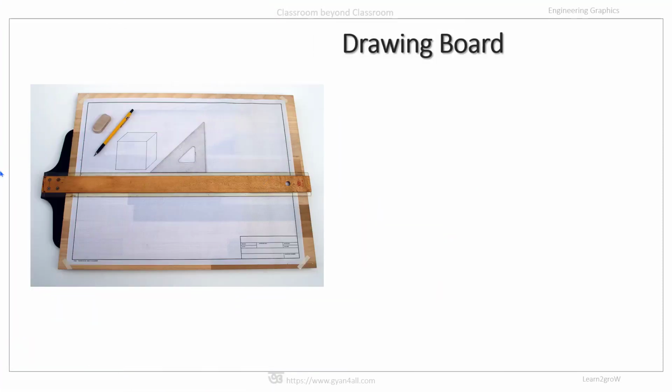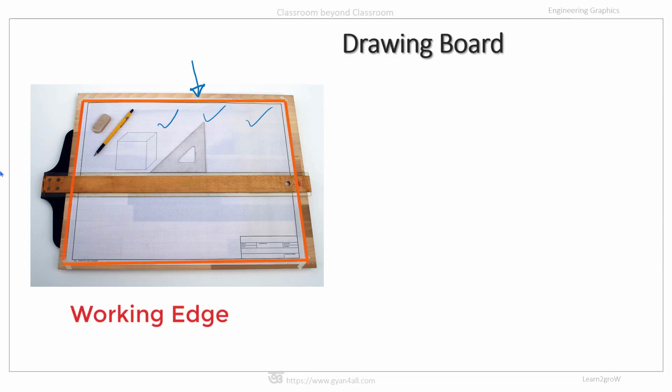Now the drawing board. A drawing board provides a flat and smooth surface on which the drawing sheet is fixed. A drawing board is generally made of soft wood. This is a wooden drawing board and this is the drawing sheet.